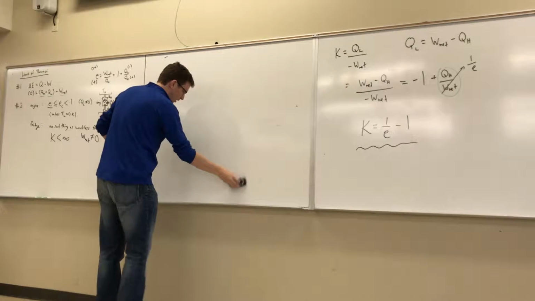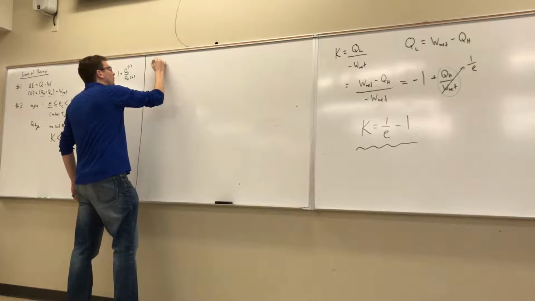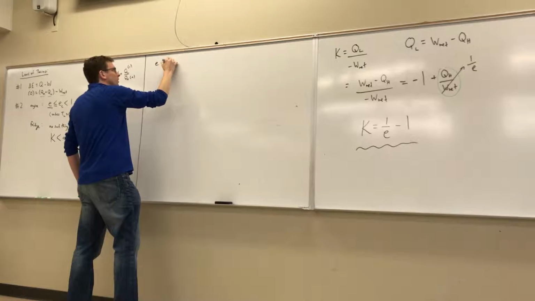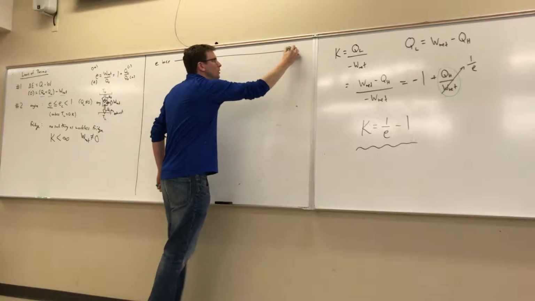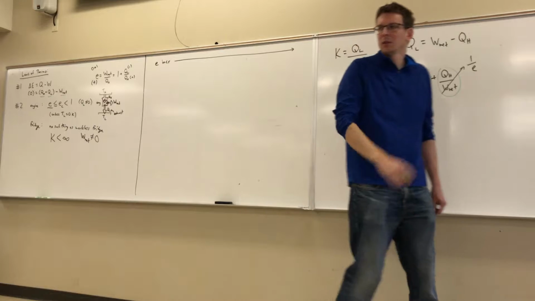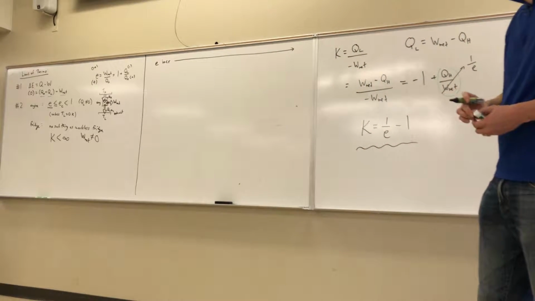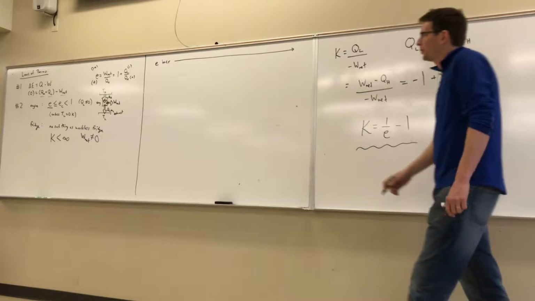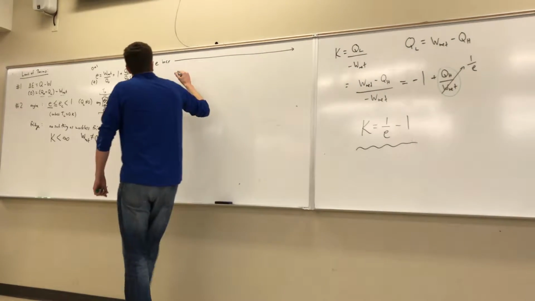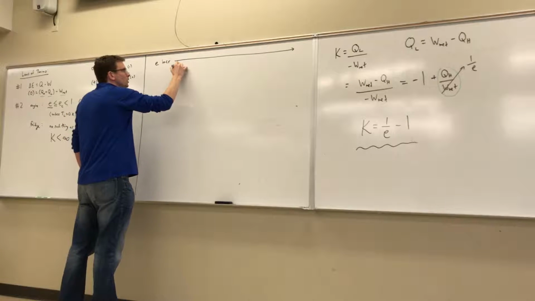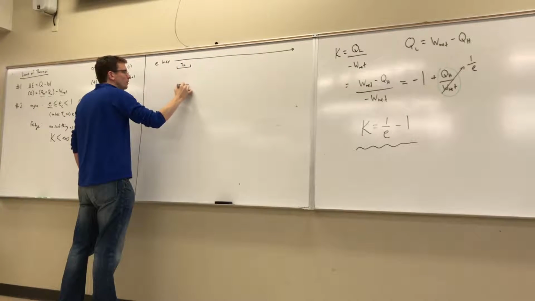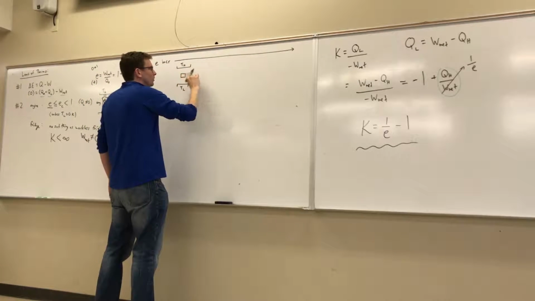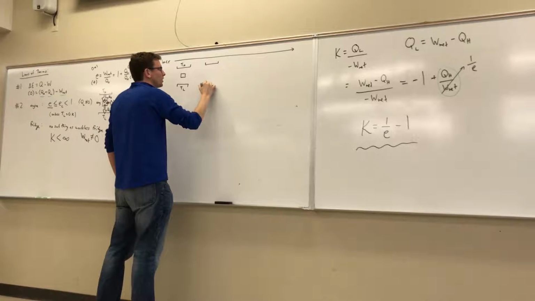Let me draw a couple engines, and I'm going to have my efficiency increasing this way. So let me give you some drawings. So I have my TH and my TL. Let me do, I guess, 4 of these.